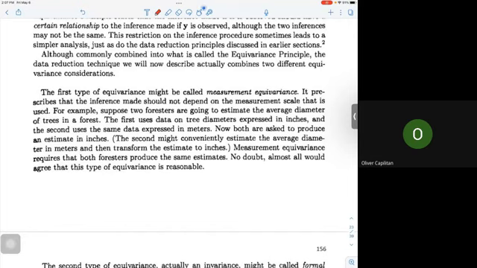So the second forester might conveniently estimate the average diameter in meters and then transform the estimate to inches. So if you're going to transform it into inches, obviously, measurement equivariance requires that both foresters produce the same estimates. Okay, that's the first type of equivariance.